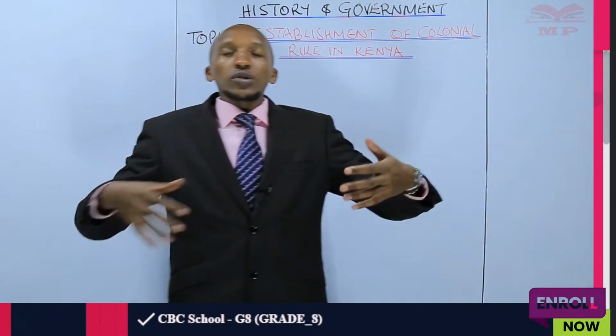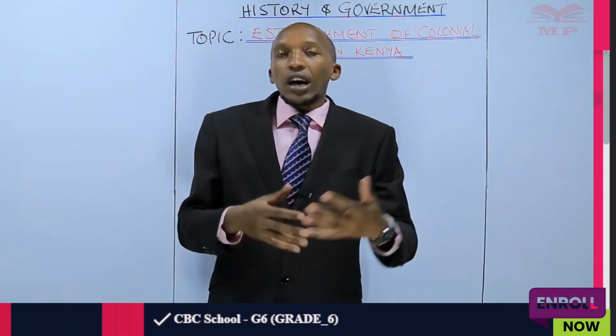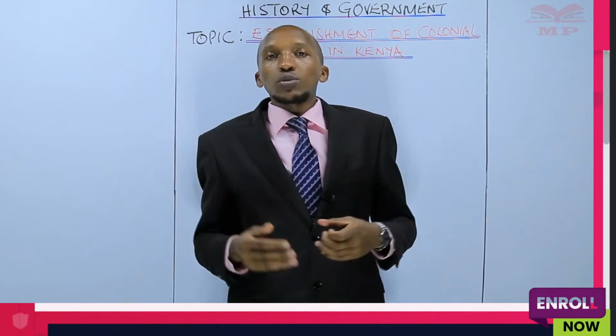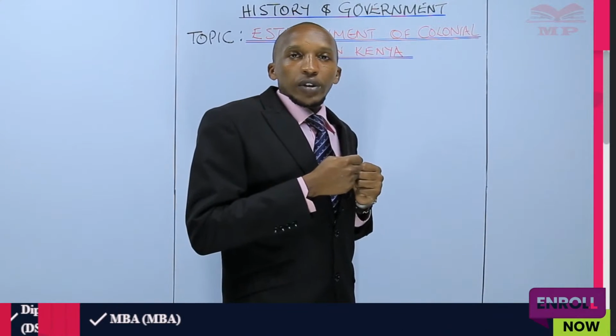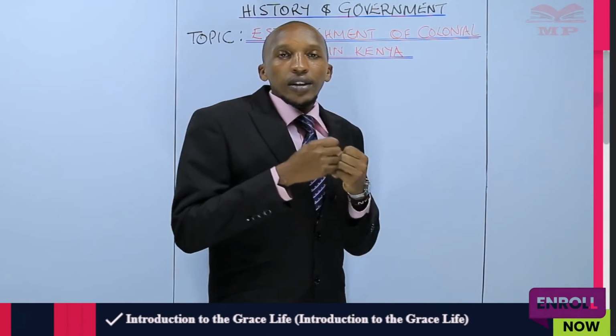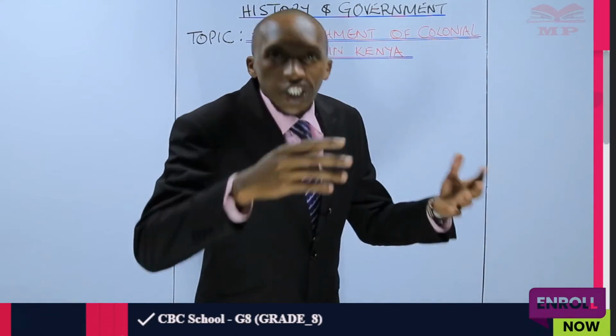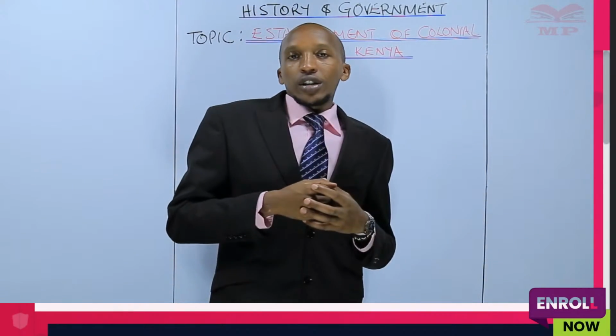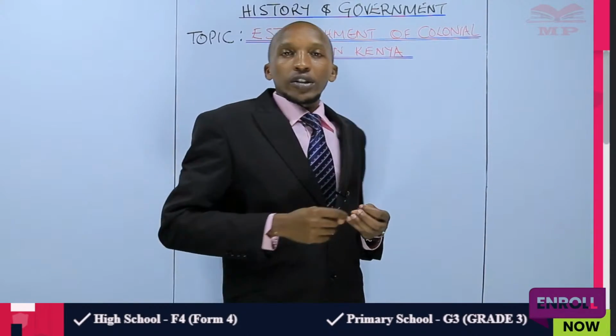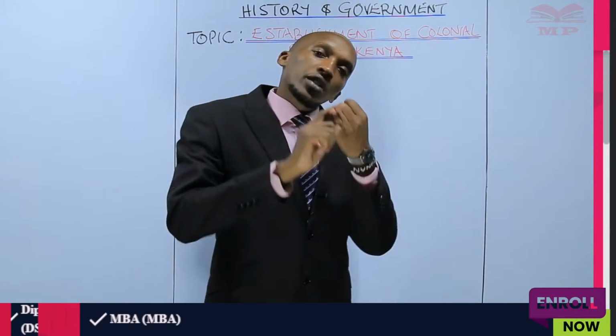So Africa was now subdivided as a continent. Each European power took part of the continent for themselves. The European powers that were struggling or that shared the African continent, that they refer to as the African cake, right? Can you remember which are these powers? Can you mention them?